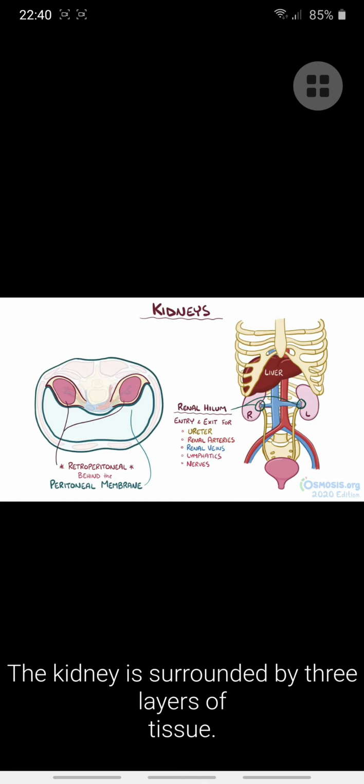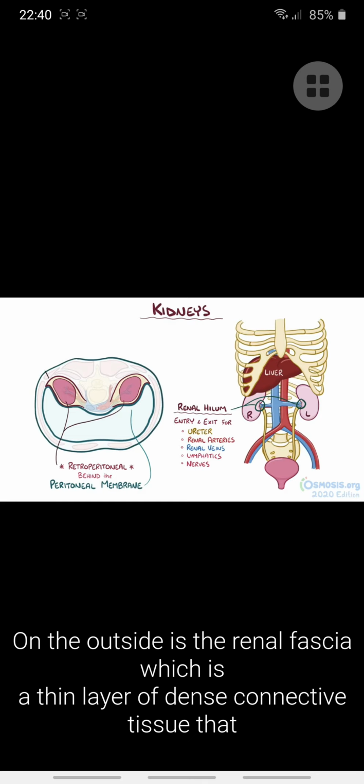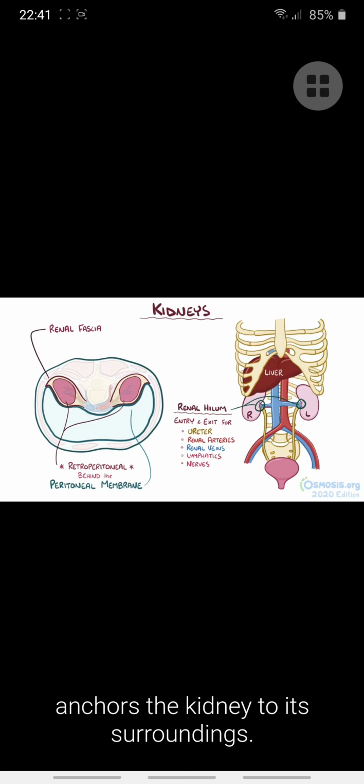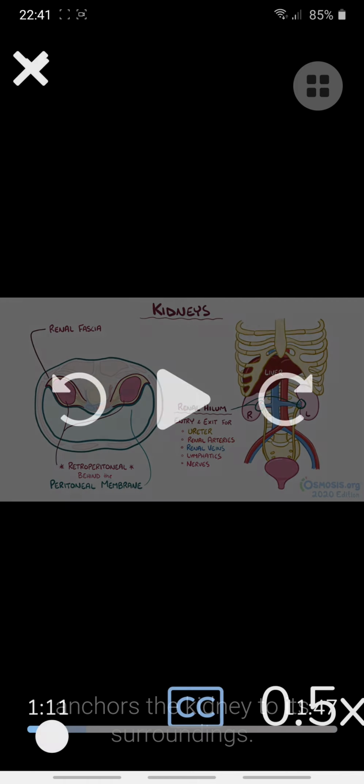The kidney is surrounded by 3 layers of tissue. One, the outside, is the renal fascia, which is a thin layer of dense connective tissue that anchors the kidney to its surroundings.